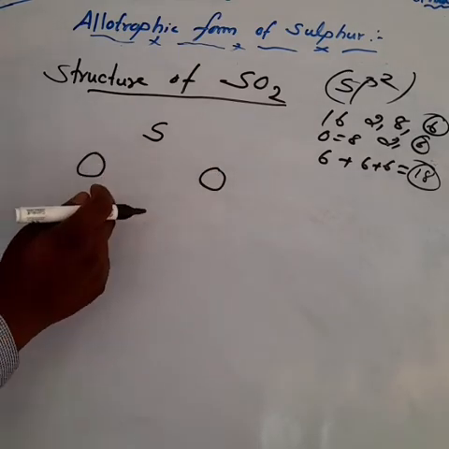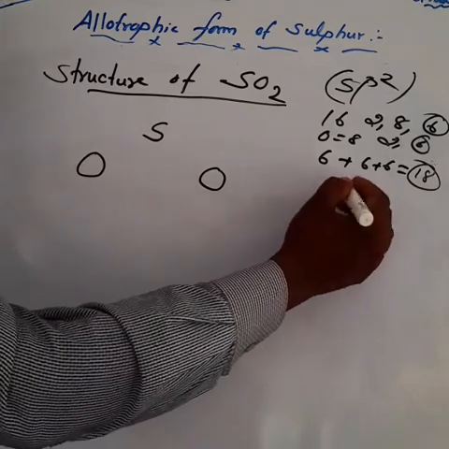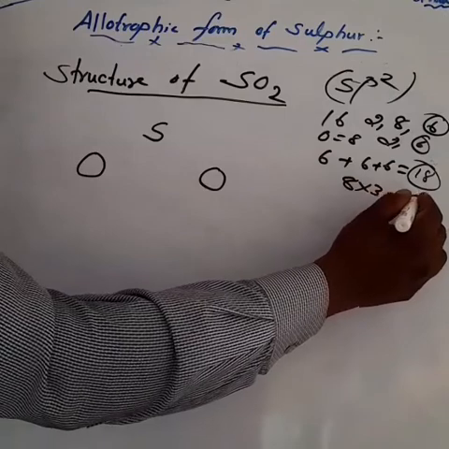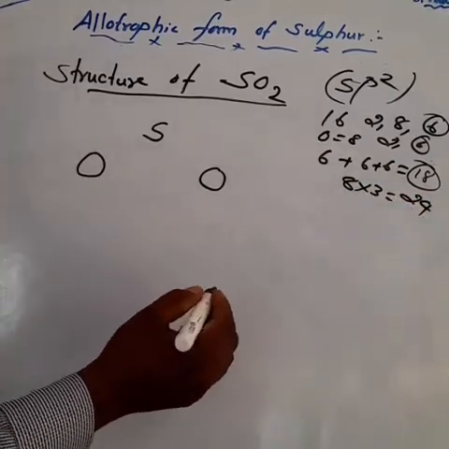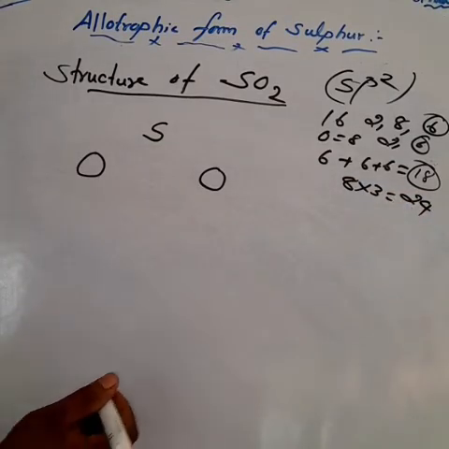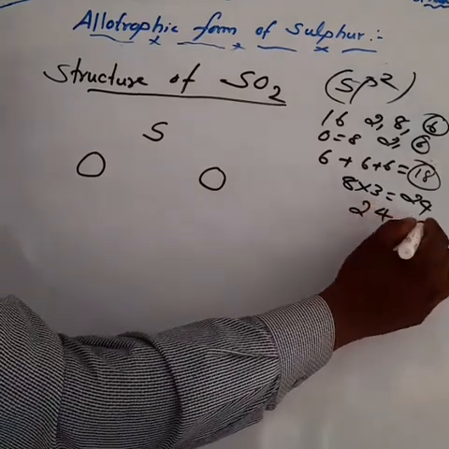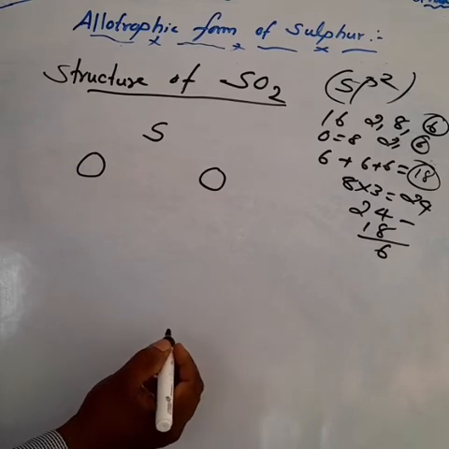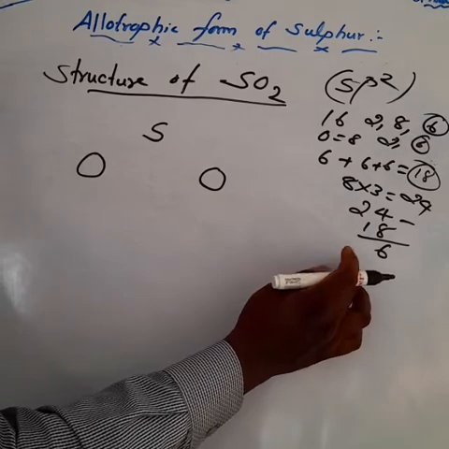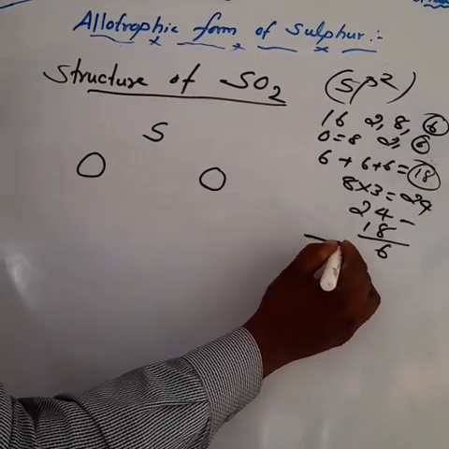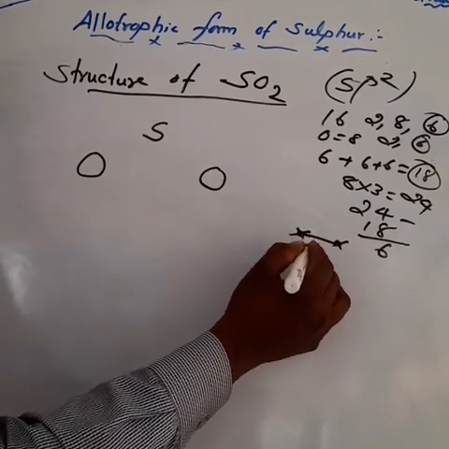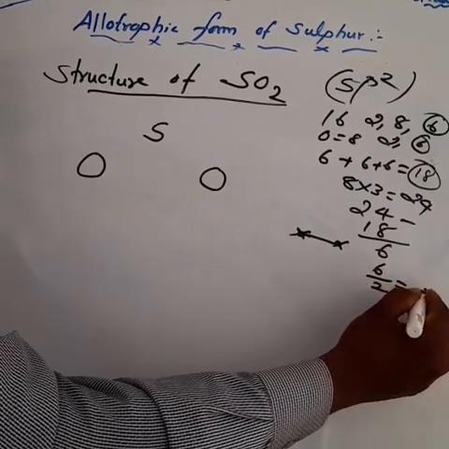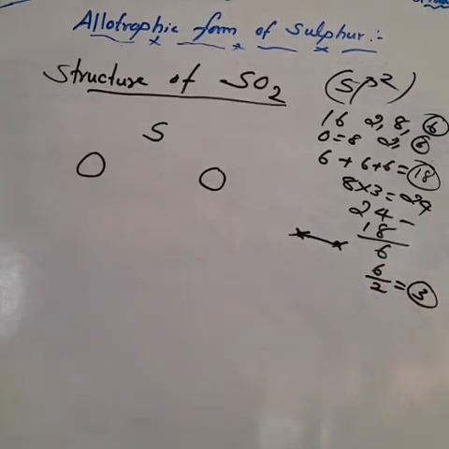But as per the inert gas configuration, each element in SO2 needs 8 electrons. So 8 into 3 is 24. 24 minus 18, the remaining shortage is 6 electrons. If you make one bond, 2 electrons are needed, am I right? So I am dividing 6 by 2, which is 3.